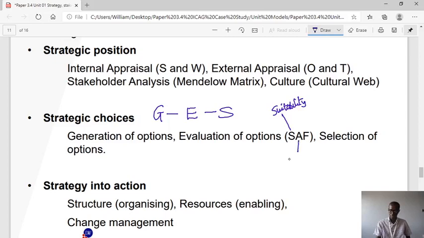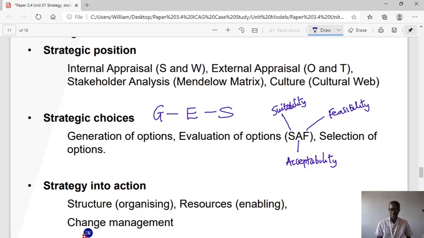A is the acceptability of the option, and F is feasibility of the option. But interestingly, we will look at this in turn gradually over the next 8 chapters. So you generate the option, you evaluate the option, then you select the best option. That is what we mean by GES.